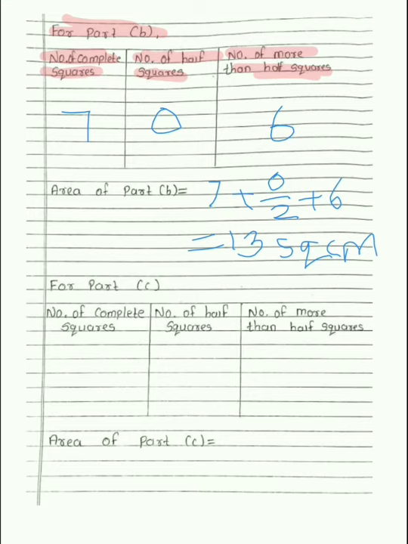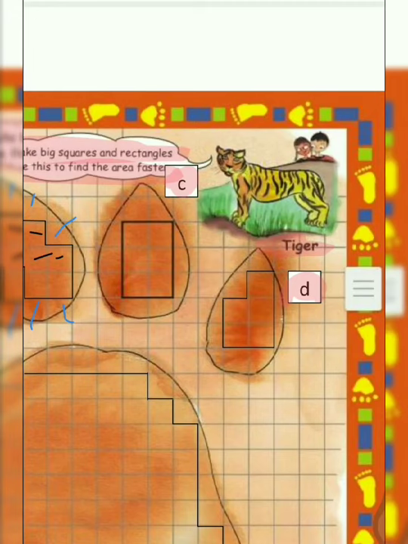Clear? Now we will go for C1. First of all, we will count and then we will start. Okay? For C1, how many complete squares are there? 1, 2, 3, 4, 5, 6. 6 complete squares are there.